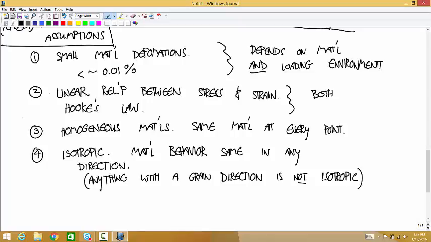Homogeneous materials. A material either is homogeneous or isn't. And then what about isotropic? Yeah, that's material too.